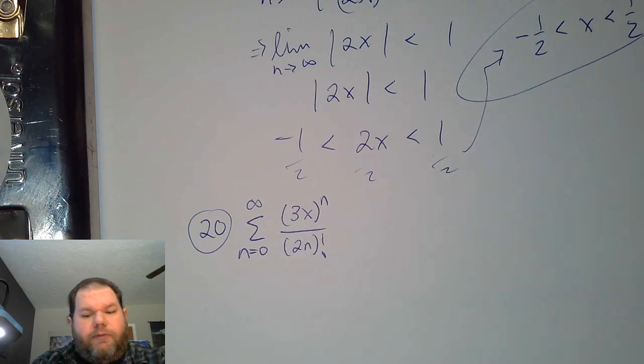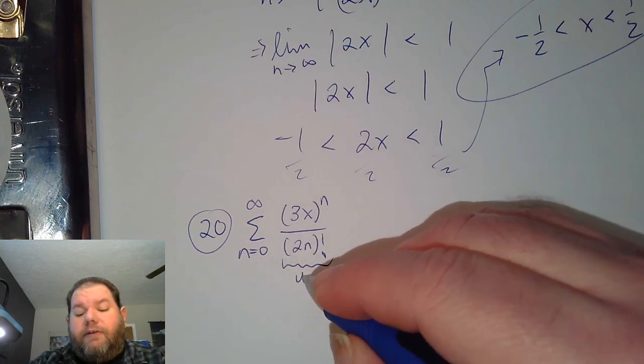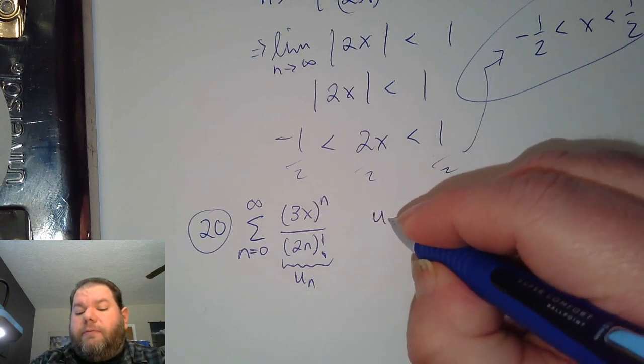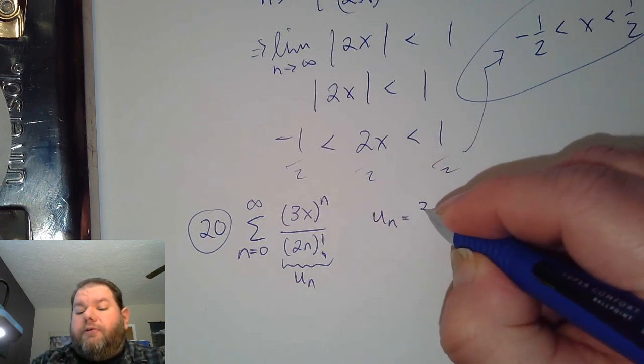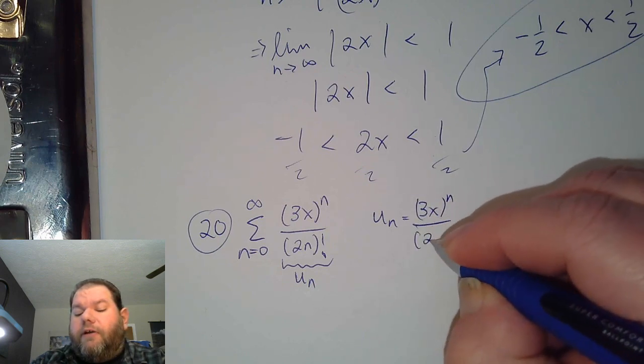Now, sometimes we call this expression inside the power series u sub n. Okay, so u sub n is equal to 3x to the n over 2n factorial.